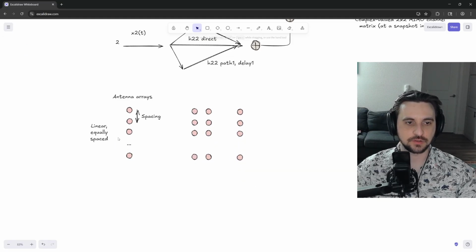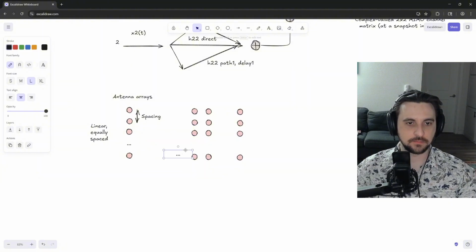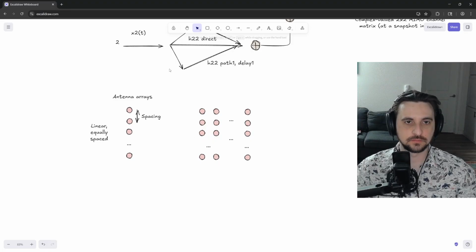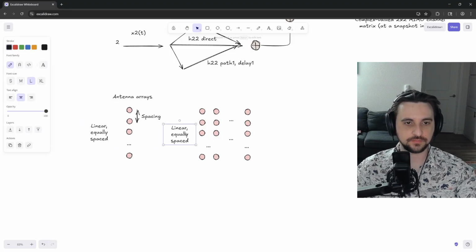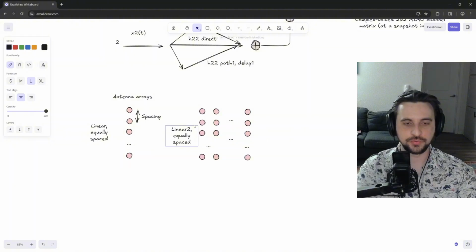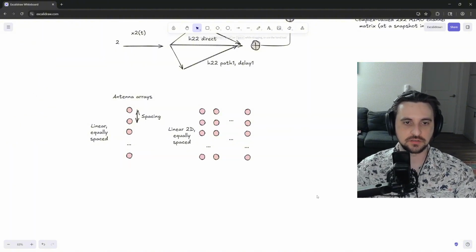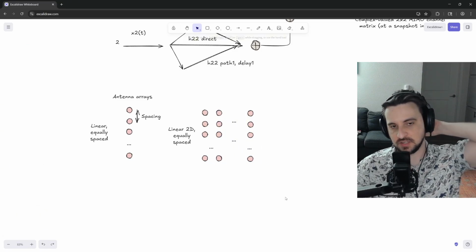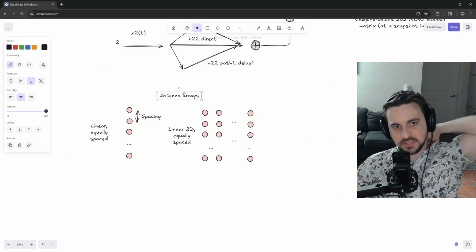So something like this. So then we can have a linear 2D equally spaced array. Okay, and now the spacing could be different. They could be more spaced in one axis and less spaced in the other. And I think this is it for basics, to be honest.